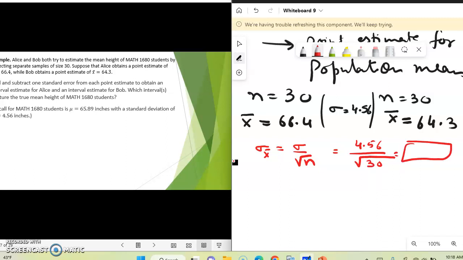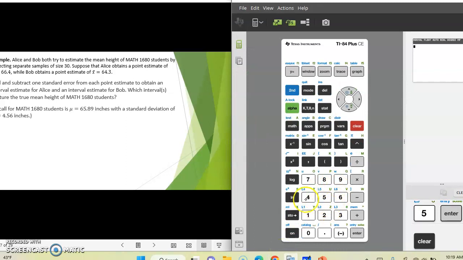Now, whatever that number is, Alice subtracted that number. For Alice, the sample mean is this, and she's going to create an interval by subtracting this number. Let's quickly calculate that. This is 4.56 divided by square root of 30. I get 0.832.